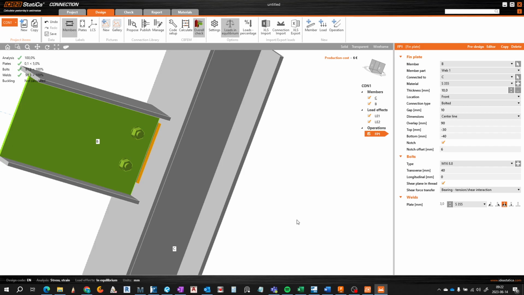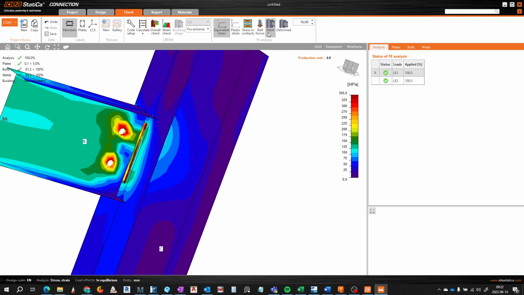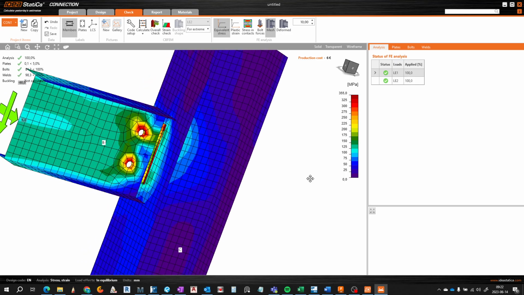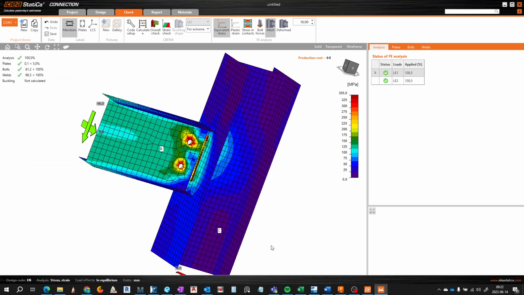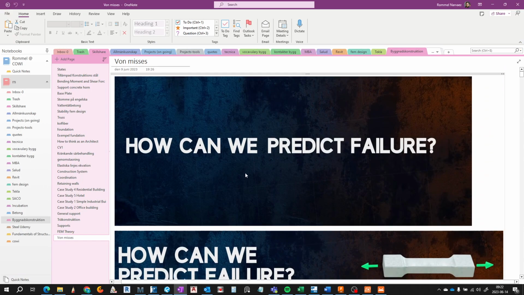To understand this, we need to be able to read this result at the beginning. We need to understand some things here. The thing that we need to understand is how we can predict failure.